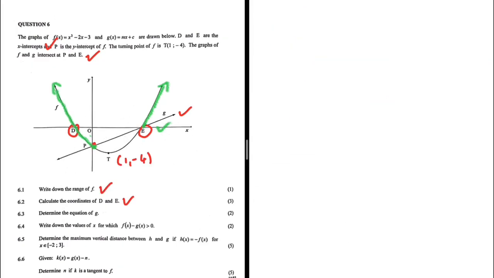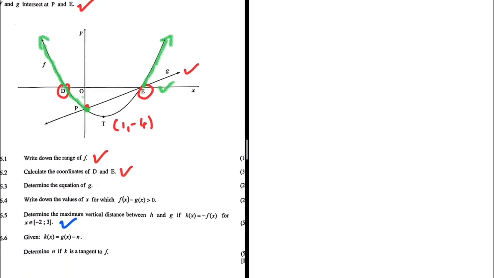I've been corrected by one of the viewers about 6.5. So this is actually the second version of this video and not the first one. In 6.5, we wanted the maximum vertical distance between h and g, not h and f, like I initially solved the problem. So we know that g of x is equal to x minus 3. We determined that above, right?